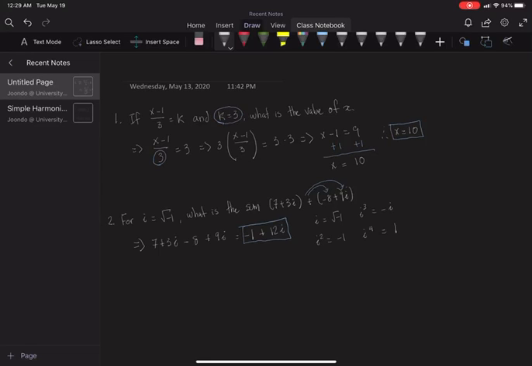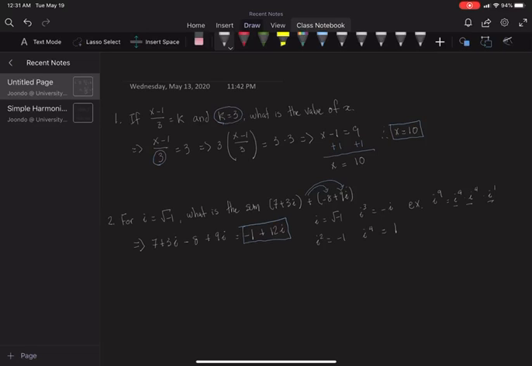For example, what is i to the 9th power without really thinking about it? Well, i to the 9th power is i to the 4th times i to the 4th times i to the 1, because 4 plus 4 plus 1 gives 9.